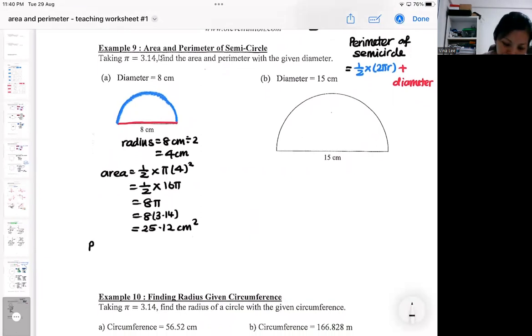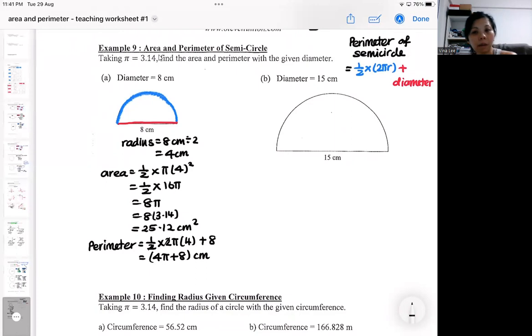The perimeter is the tricky one. You need the half of the circumference first. Then you must remember to add the diameter. The diameter becomes part of the edge. So you multiply, and you get 4 pi plus 8. Okay, it is possible that this can be the answer if they want you to leave it in terms of pi.